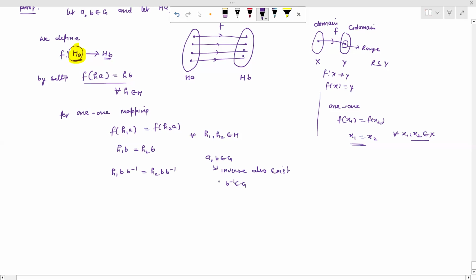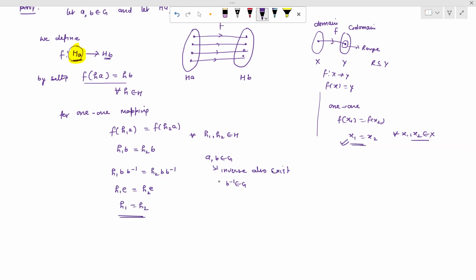So B into B inverse gives us H1E, H2E. So by using the definition of identity, H1 is equal to H2. So H1 equal to H2, we have proved that X1 equal to X2.